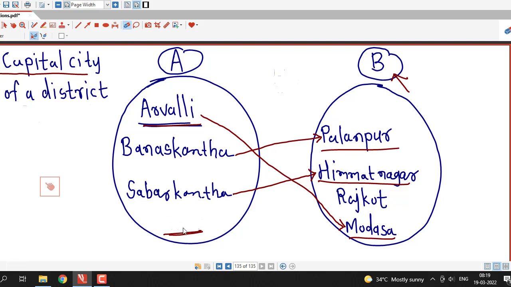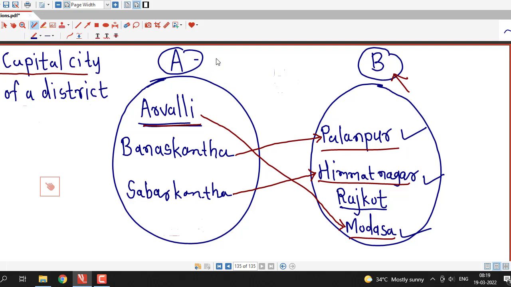So every element of set A must be assigned a unique element from set B. It is not necessary that every element of B must be assigned or must be related to an element of A. Here we can see we have these three elements which are related to elements of set A, but this Rajkot city is not related to any element of A, so don't worry about that part.